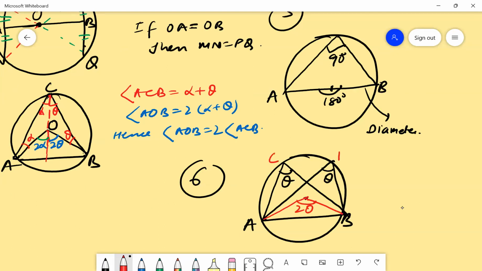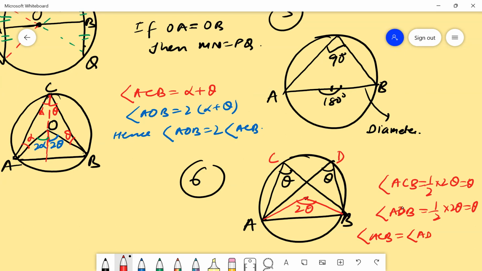So if you take this C and this D, angle ACB is equal to half into 2 theta. And also angle ADB, on the same chord AB, is also half into 2 theta. So they both are the same. Angle ACB is equal to angle ADB.